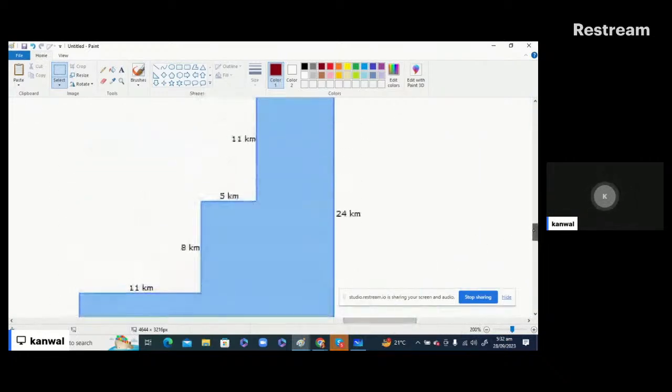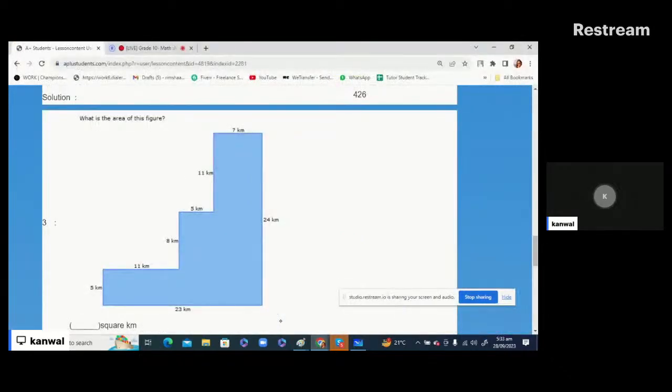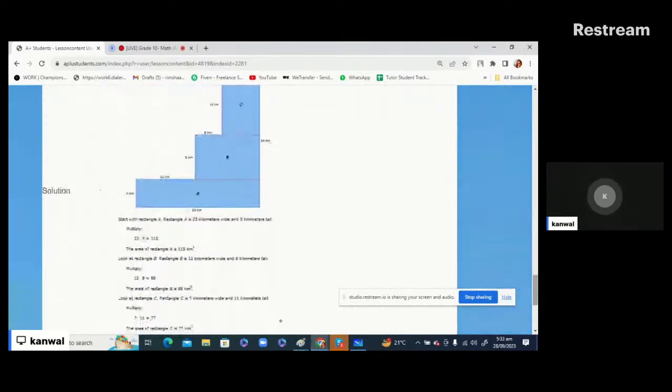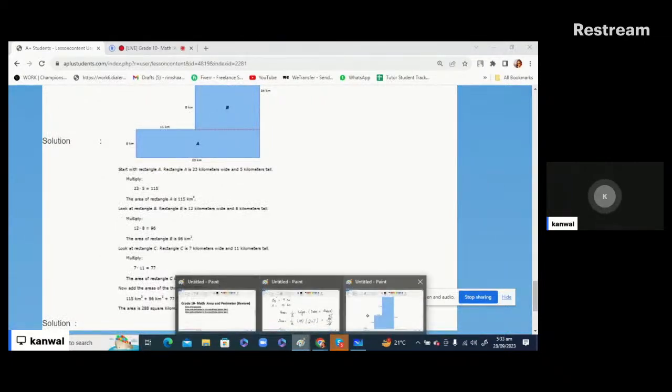Here is the shape. This is a more complicated look, but we just need to find it out, all the things now. In the question, what are saying in the question? What is the area of this figure? We find it out, the area of this figure, so that's why we just split this figure into the small parts.